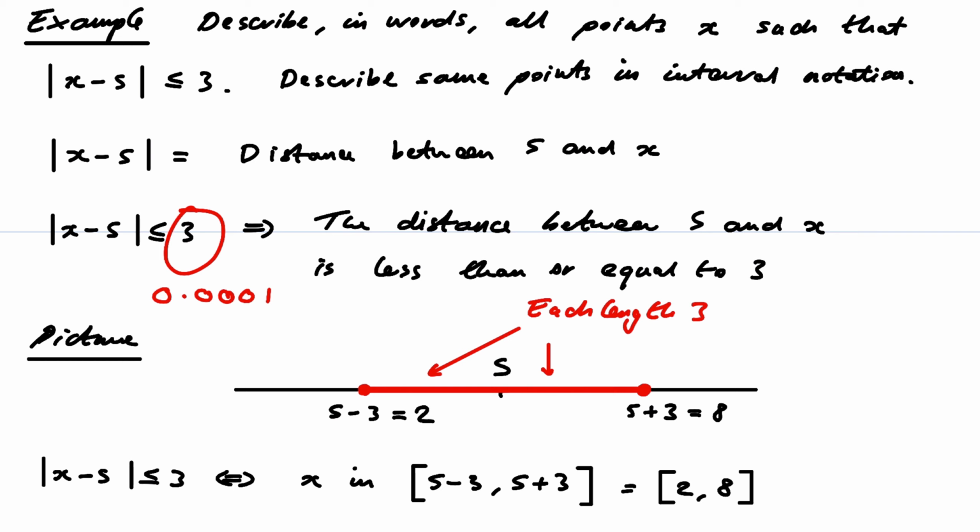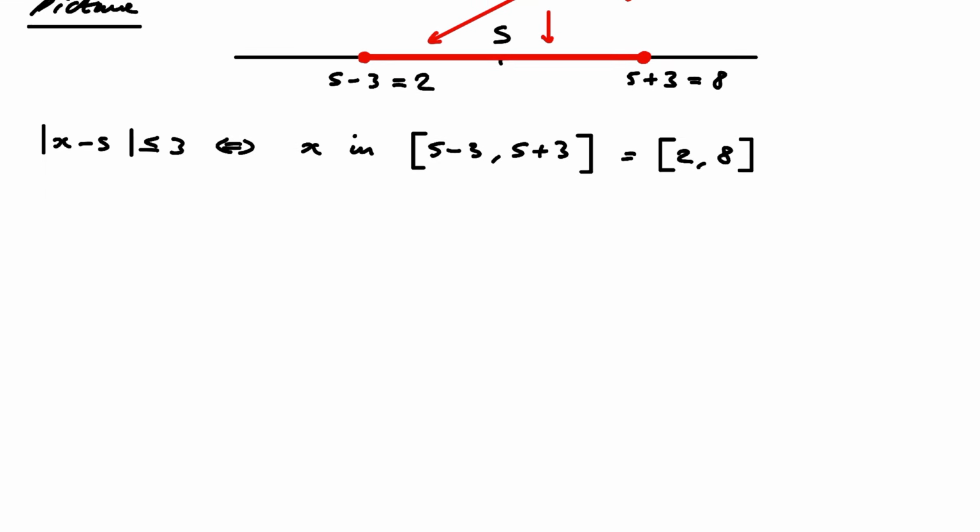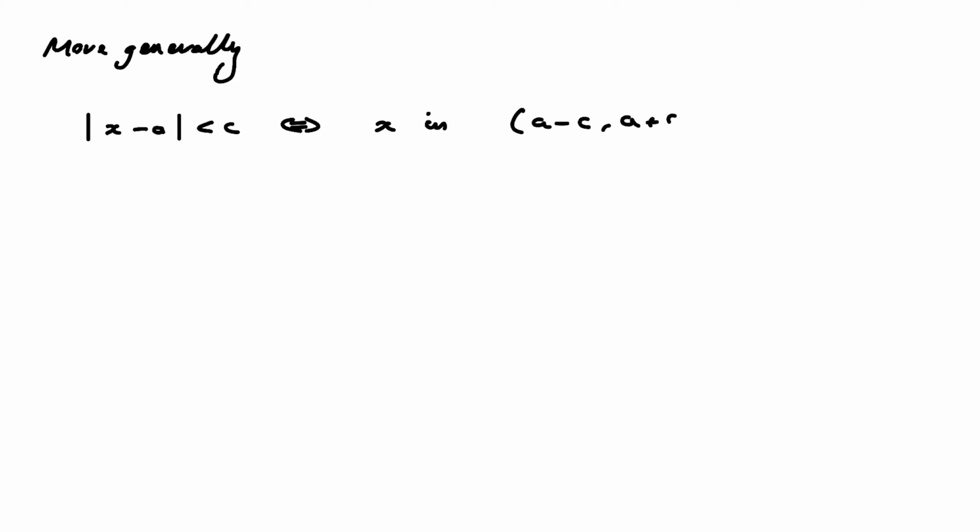It's very, very powerful. So more generally, let's think about what this would look like. It's a really lovely idea. If I write down the absolute value of x minus a is strictly less than c, this is if and only if x is in the interval a minus c to a plus c.